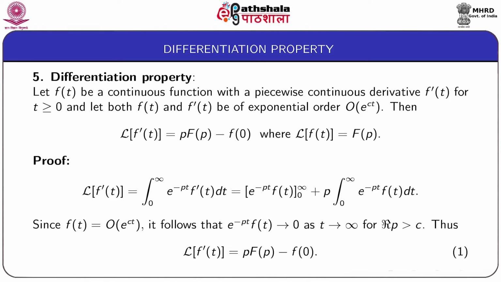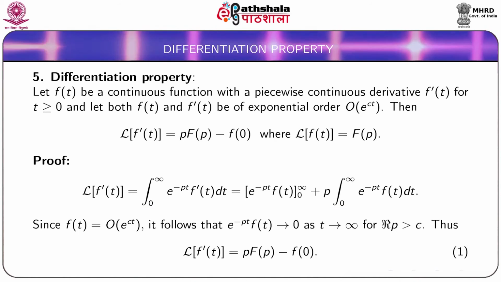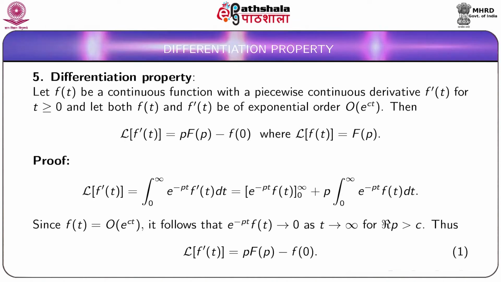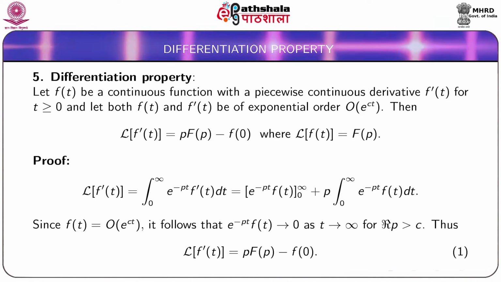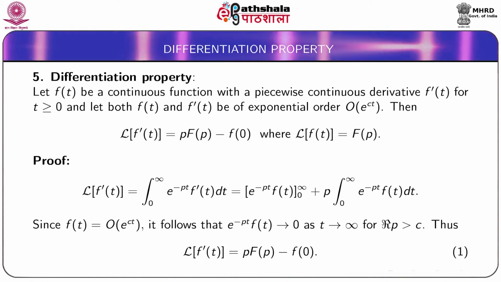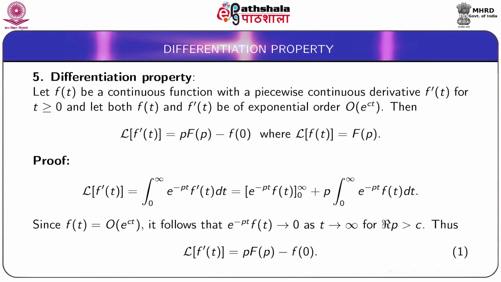For proof, we find the Laplace transform of f dash t, which is given by integral from 0 to infinity e to the power minus pt f dash t dt, and we integrate by parts, so that we get e to the power minus pt f(t) from 0 to infinity plus p integral from 0 to infinity e to the power minus pt f(t) dt.